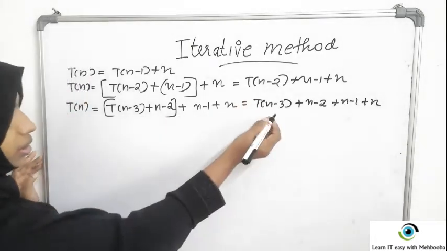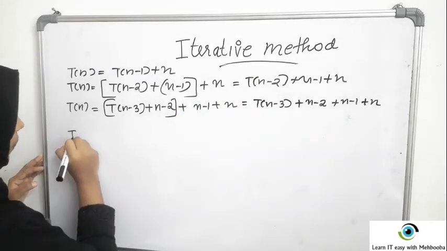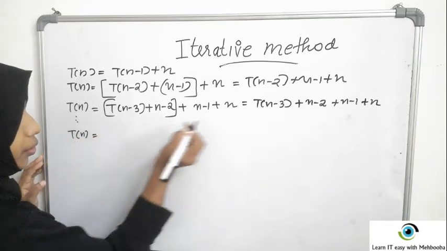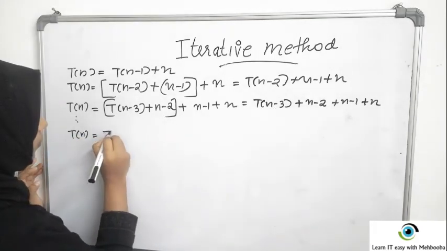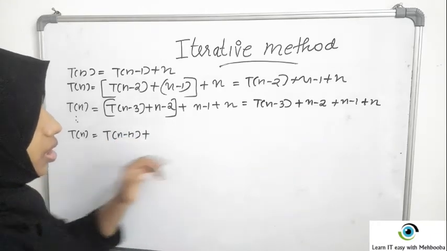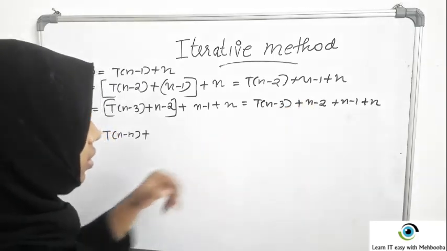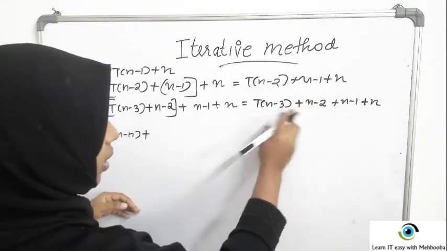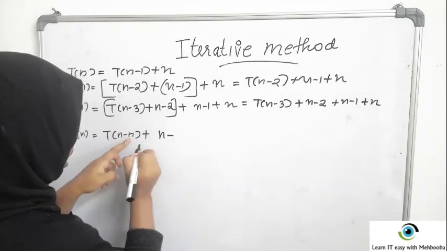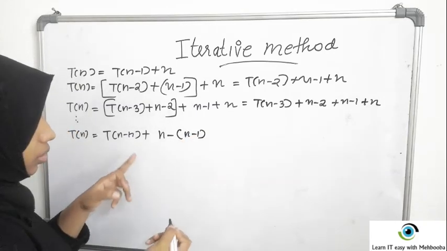So to get this T of 0, after some iterations, you have T of n is equal to T of n minus n. See, when it is T of n minus 3, it is n minus 2 here, isn't it? So if it is n minus n, it will be n minus n minus 1 here, isn't it? Without any doubt.